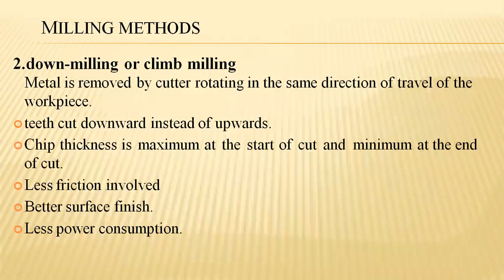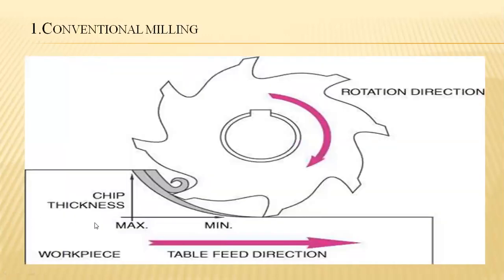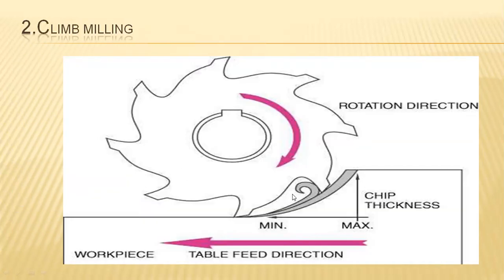So the teeth cut downwards instead of upwards. See here, in the earlier condition there is an upward removal of the chip during the cutting process. In the downstream process, the chip elevation is considered in the downward stream. That's the basic phenomenon.